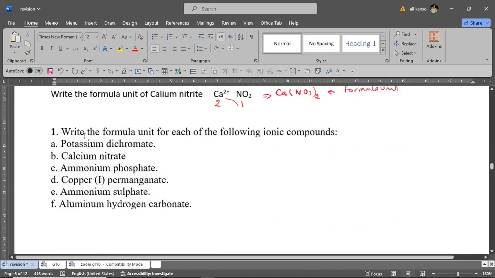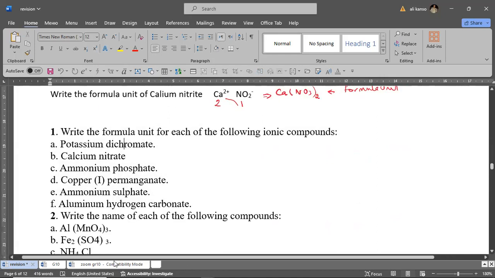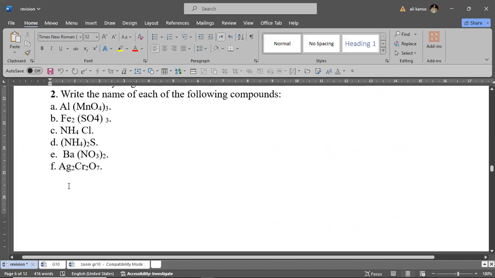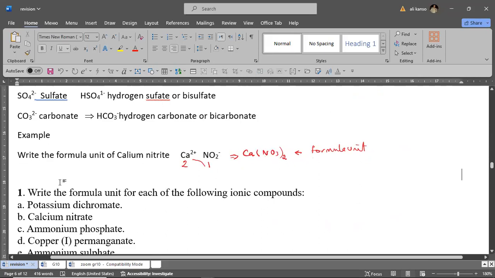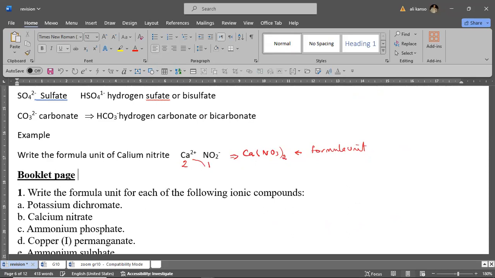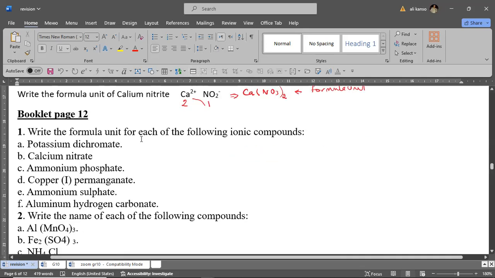First of all, first exercise, page 12. Exercise 1, page 12. How to write the formula unit for each of the following ionic compounds.